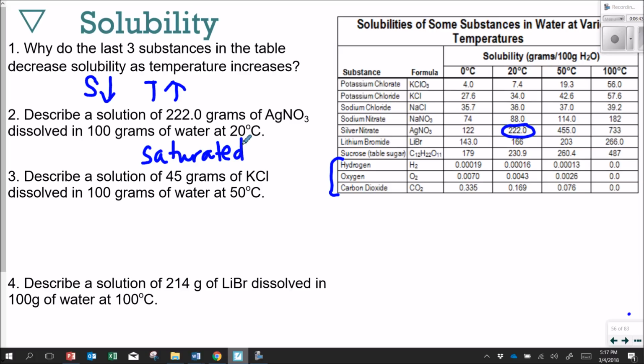Next, 45 grams of potassium chloride at 50 Celsius. So I go to 50 Celsius and potassium chloride, and I see that I have 42.6 grams dissolved when it is saturated. But I have 45 grams, so 45 is more than 42.6, so I have a supersaturated solution.